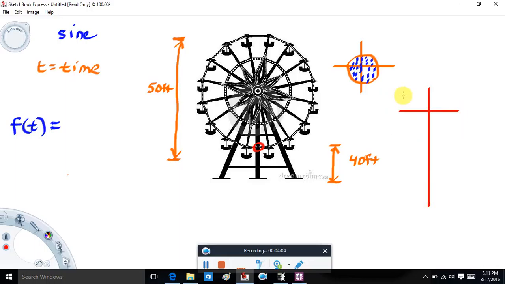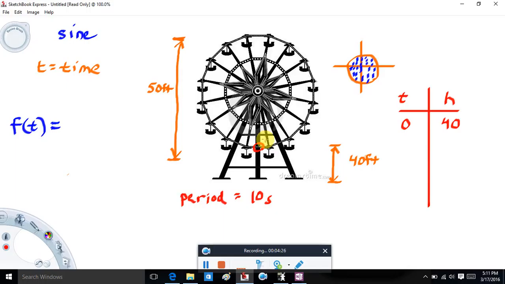So we can have time and the height. So at time t equals 0, the person is 40 feet off the ground. Now we are given the information that the period, or the time it takes to complete one full revolution, is 10 seconds.